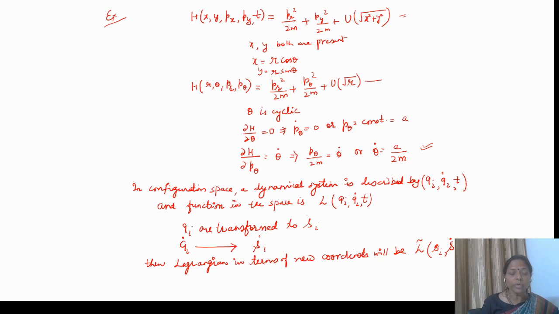Now how do you get this si dot? Naturally your si is a function of qi and time, because there is a transformation between the two and the transformation is invertible.